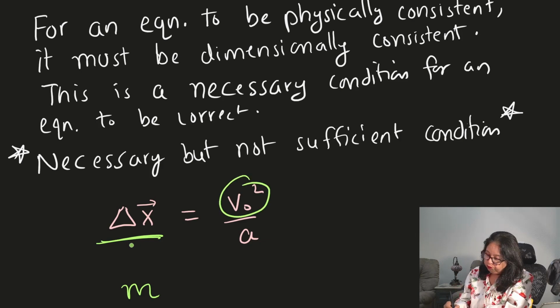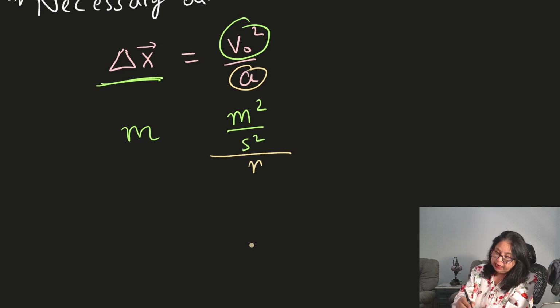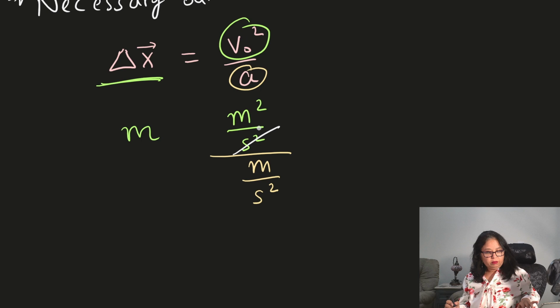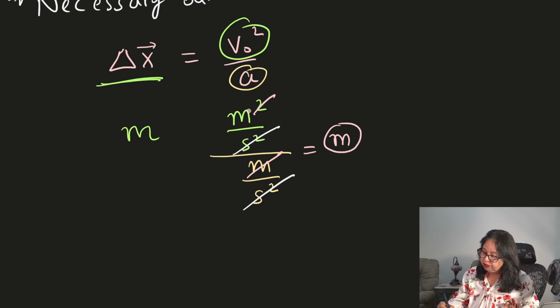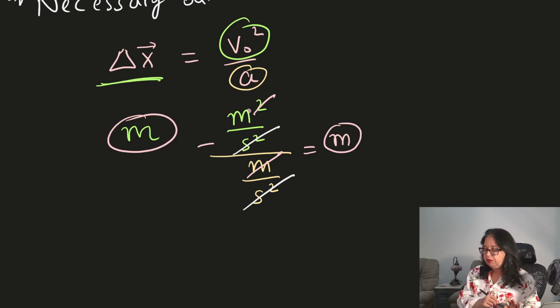V naught squared is meters squared over seconds squared, divided by a, which is meters over seconds squared. Seconds squared cancels seconds squared, and one of the meters at the top cancels one of the meters at the bottom, leaving you with meters. So meters equals meters.